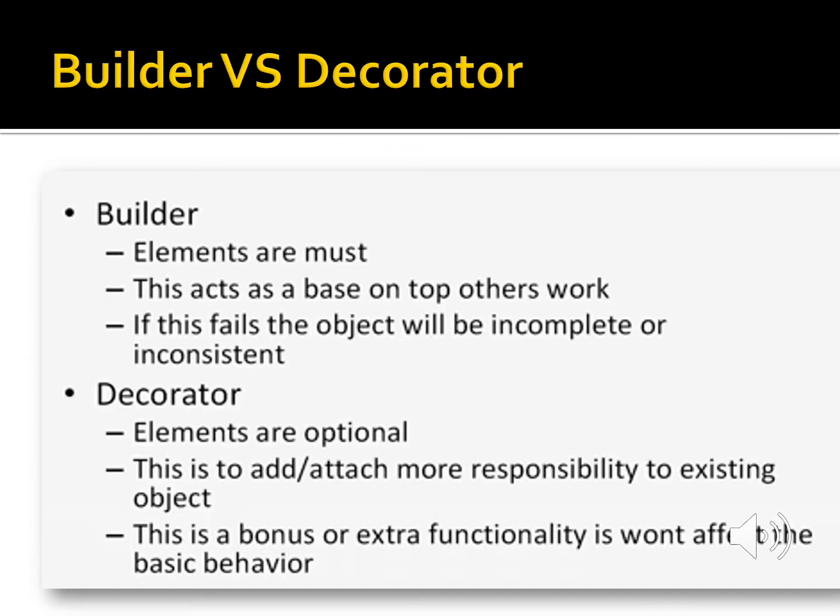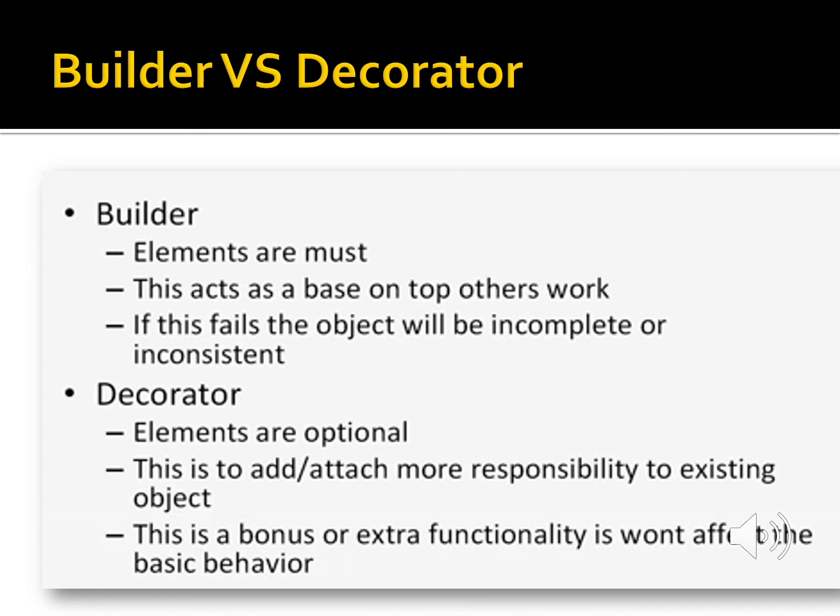You might confuse the decorator design pattern with the builder design pattern, because the decorator is attaching different sub items or sub components to your main component, whereas builder is also building the different sub items of a component. But there is a big difference in both design patterns, because in the builder pattern all the elements and components that we are going to build are mandatory.